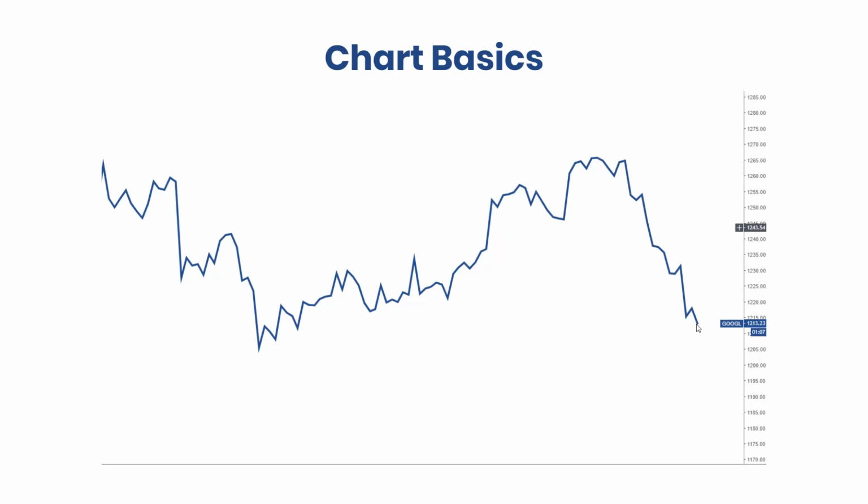Tomorrow, whatever the price ends up at, we will see this line change. If the price increases to $1,220, we will see the price line right where my cursor is. Those are the fundamental aspects of charts that we use for financial trading. Time is on the bottom, price is on the right.